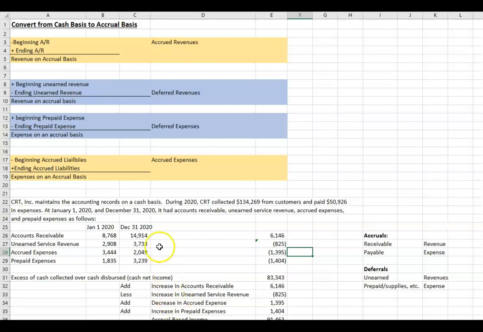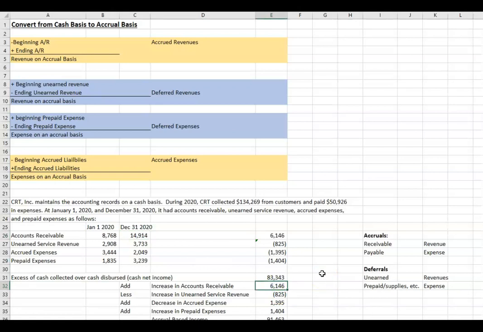So if accounts receivable went up, that means that we debited accounts receivable and credited sales, okay? And as you can see, that was the net transaction of that increase, by the way. So as you can see, we didn't have any cash for that, but we did increase our net income. Let's look at increase in unearned service revenue.